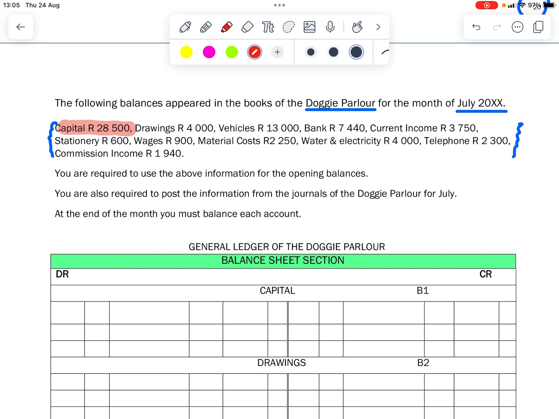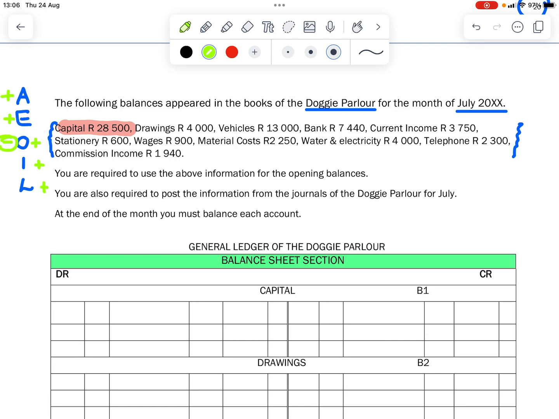Now, if you remember last lesson, AE Oil, our best friend, assists us in knowing where to put in our opening balances. We always enter in our opening balances on the side where the plus sign is, with drawings being the exception. Drawings will go on the negative side on owner's equity.